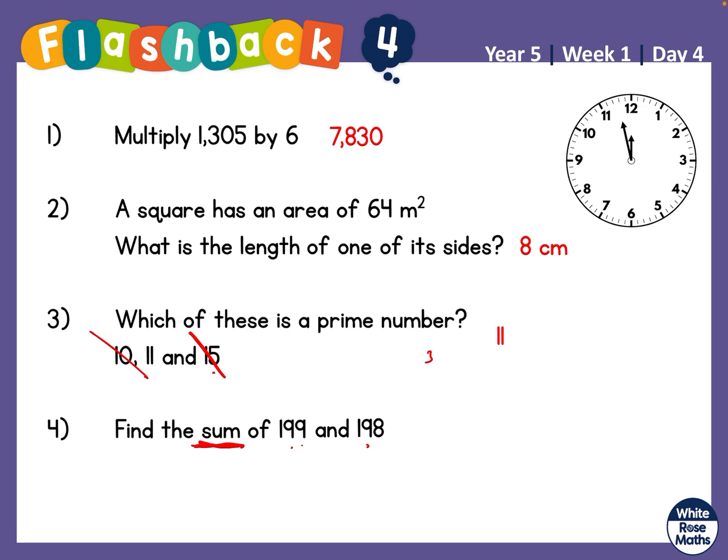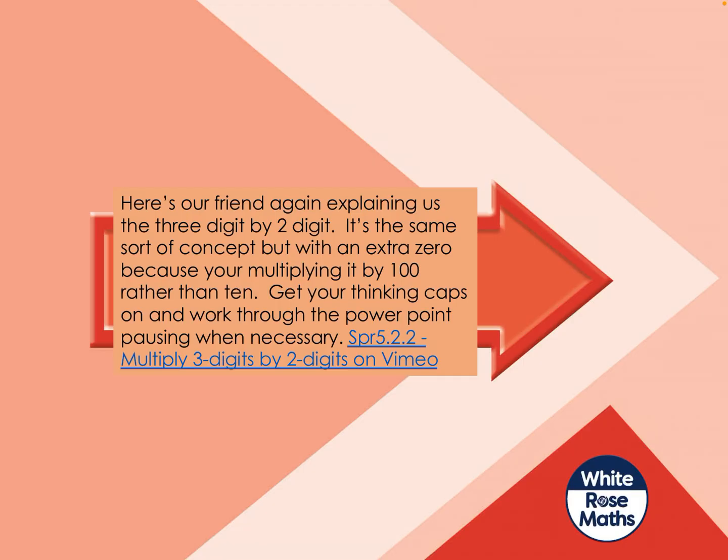Any sum is addition. If you get a calculation and it's 3 times 3, that's not a sum. That's a multiplication. Sums are only addition. Well done for getting 397.